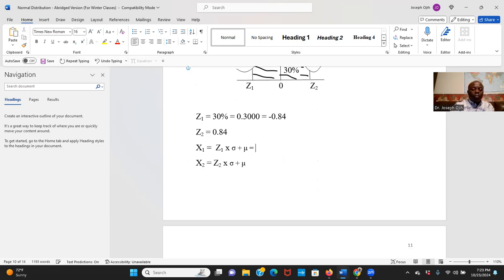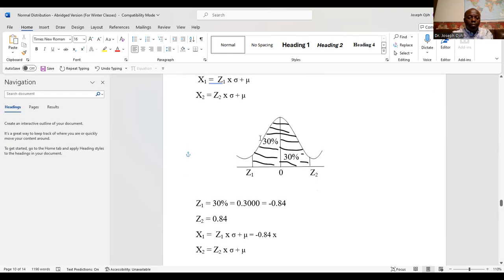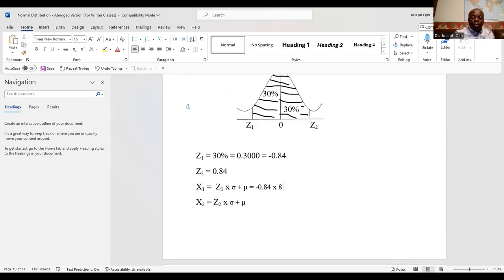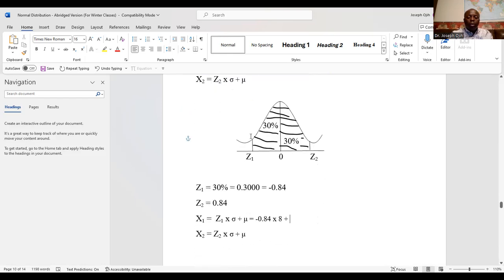So X1 becomes equals Z1, which is negative 0.84, times standard deviation of 8 plus the mean of 120.